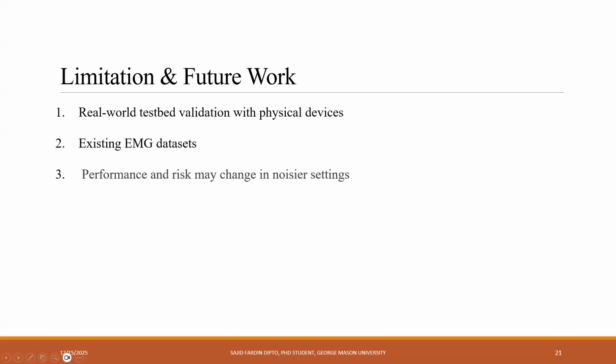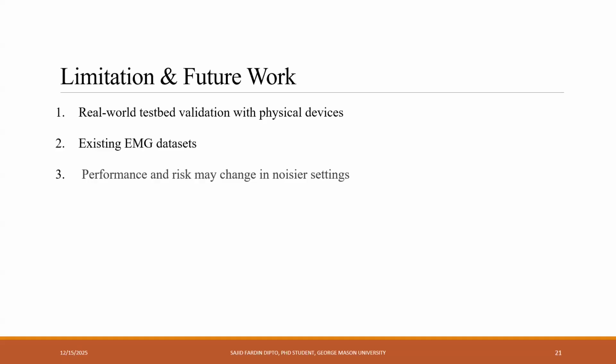So we have some limitations, and there are some future work directions. First of all, my work relies on an existing EMG dataset collected in a controlled research setting. In real-world clinical environments, those environments can be noisy. There can be electromagnetic interference, and there can be electrode placement mismatch.